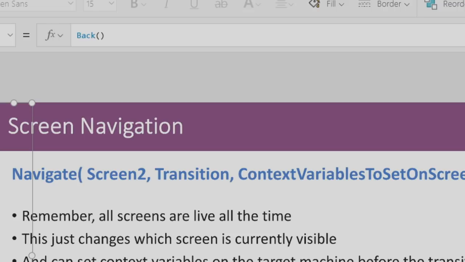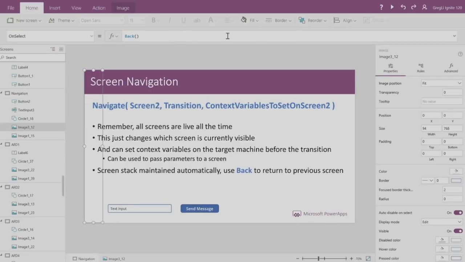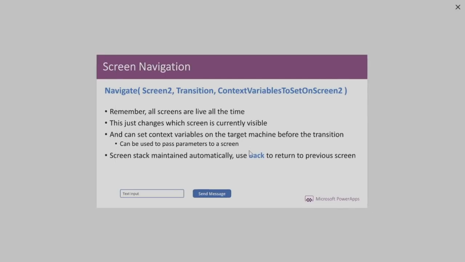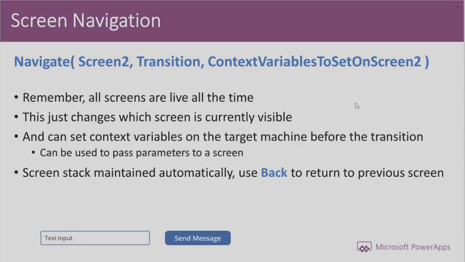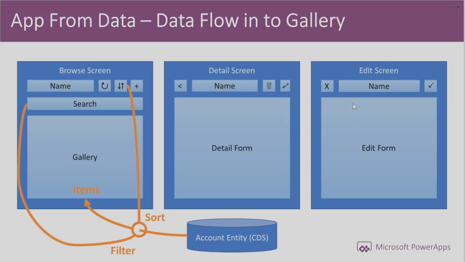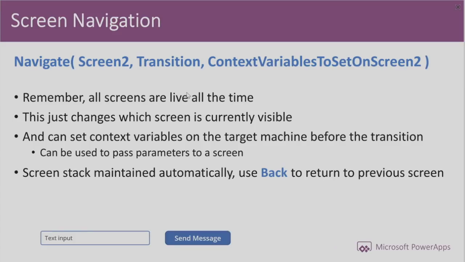And at any time, you can say back, and it'll take you back to the previous one. And so this is how this is wired up. It's quite simple. If I click anywhere on here, it'll take me to the next screen. If I hit back here, it'll take me back to the previous screen.